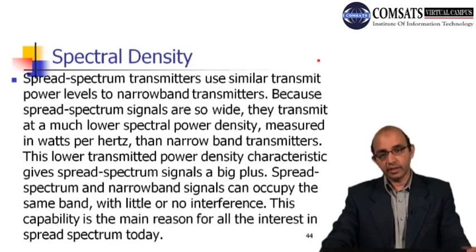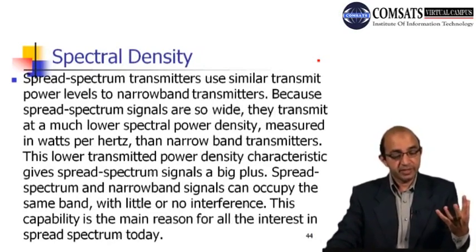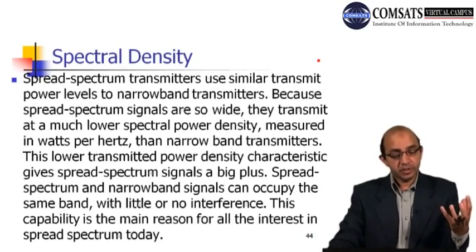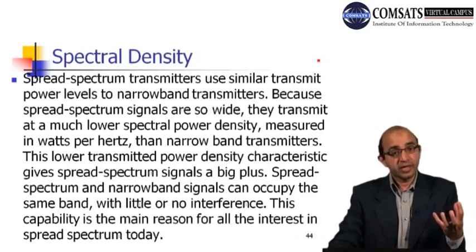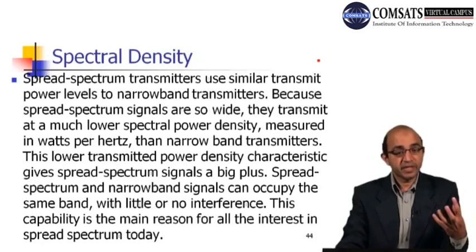Okay, then if we talk about the spectral density, spread spectrum transmitters use similar transmit power levels as narrowband transmitters. So as a result, the signals are so wide that they transmit at a much lower spectral power density, and this power density is in watts per hertz, than narrowband transmitters.